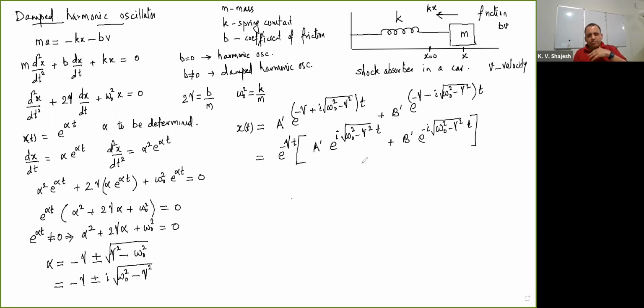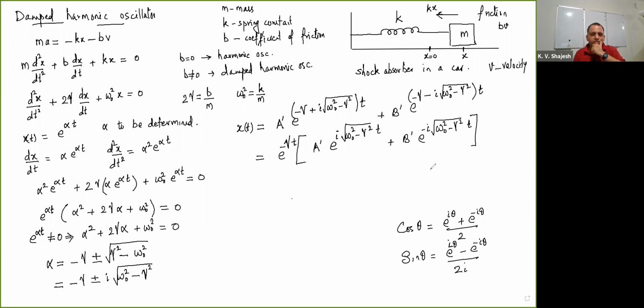I can write the exponential in terms of cosine and sine. Recall cosine of theta is e raised to i theta plus e raised to minus i theta over 2, and sine of theta is exponential of i theta minus exponential of minus i theta divided by 2 times i in this case.